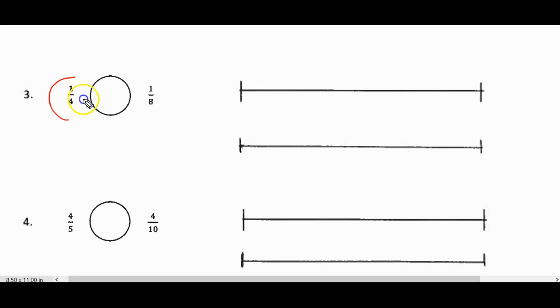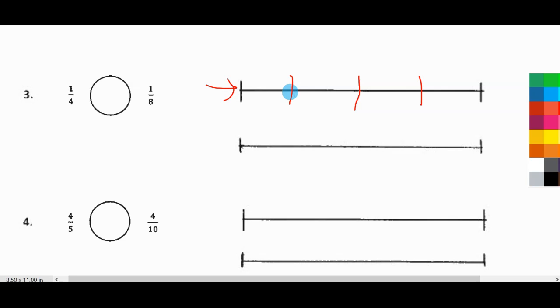The first fraction is for this one right here. So for the first line, how many sections am I going to need? 4. I'm going to divide it in half first, and then divide it in half right here. 1/4 is right here. The bottom, I'm going to divide it into how many sections? How many? 8.